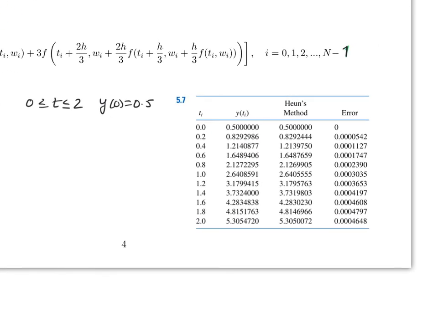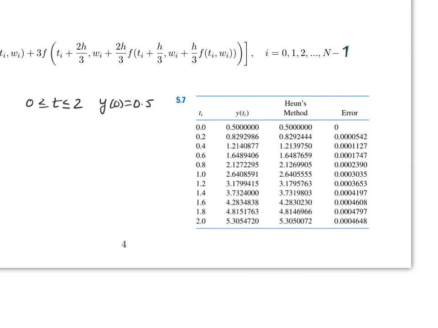As you can see, this method is way more accurate than the previous two, which should be no surprise because this is O(h^3), while the previous ones were O(h^2). The error is very, very small compared to the previous two methods.